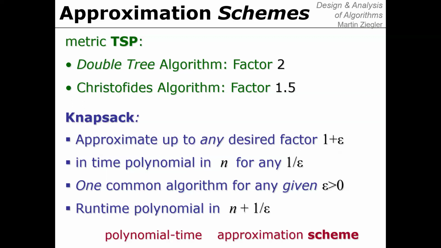And the running time will be polynomial not just in n, but in n plus 1 over epsilon. And this is called a fully polynomial time approximation scheme. Okay, approximation scheme means we can get approximation factors arbitrarily close to 1, polynomial time, and fully polynomial time.